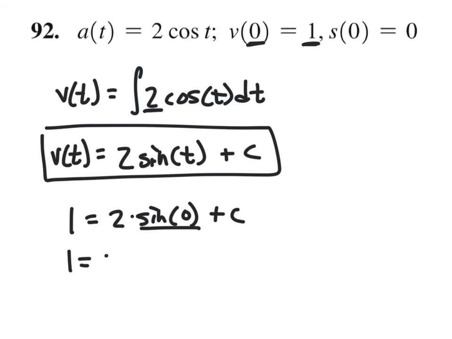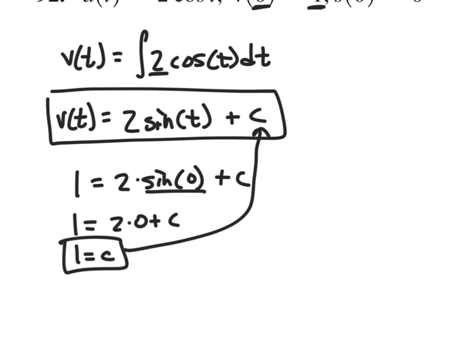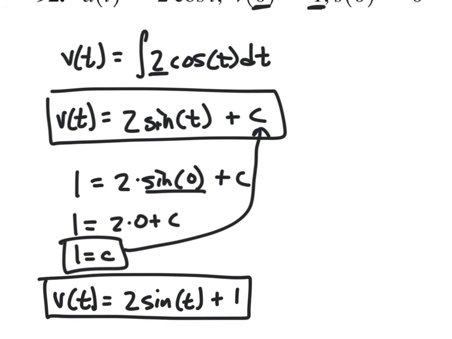So 1 is equal to 2 times 0 plus c. That just becomes 0. So 1 is equal to c. I'm going to plug that back in up here, and I'm going to write my velocity function as v of t is equal to 2 sine of t and then plus 1. Okay, and that's my particular solution for my velocity.